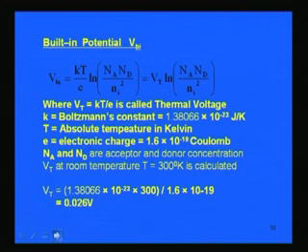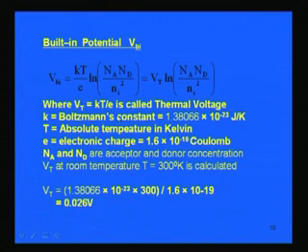Now, this built-in potential has an expression given by kT by e times the natural logarithm of the product Na Nd, which carry their usual meaning, that is, the concentration of the acceptor atoms and concentration of the donor atoms, divided by ni square, the intrinsic carrier concentration square.